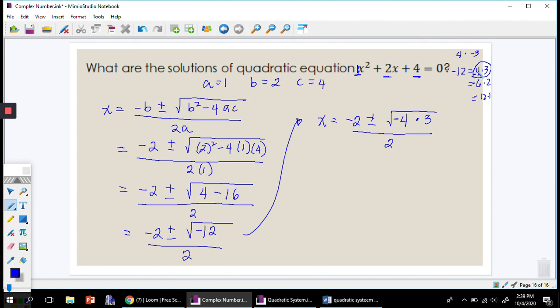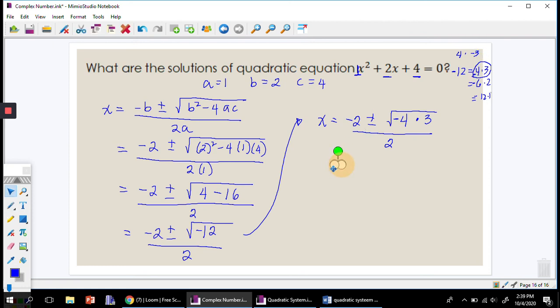So I will choose negative 4 and 3, because for 6 and 2, 12 and 1, none of them are perfect squares. I cannot get the square root of those numbers, but I know how to get the square root of 4. I will not choose 4 and negative 3 because I don't have a square root for negative 3. This will still remain as an imaginary number. So I will choose negative 4 and 3.